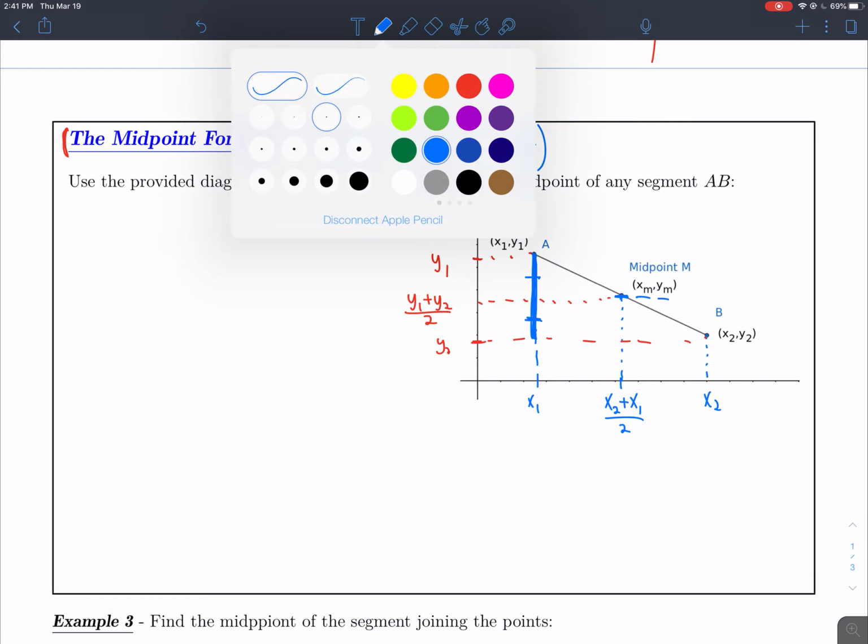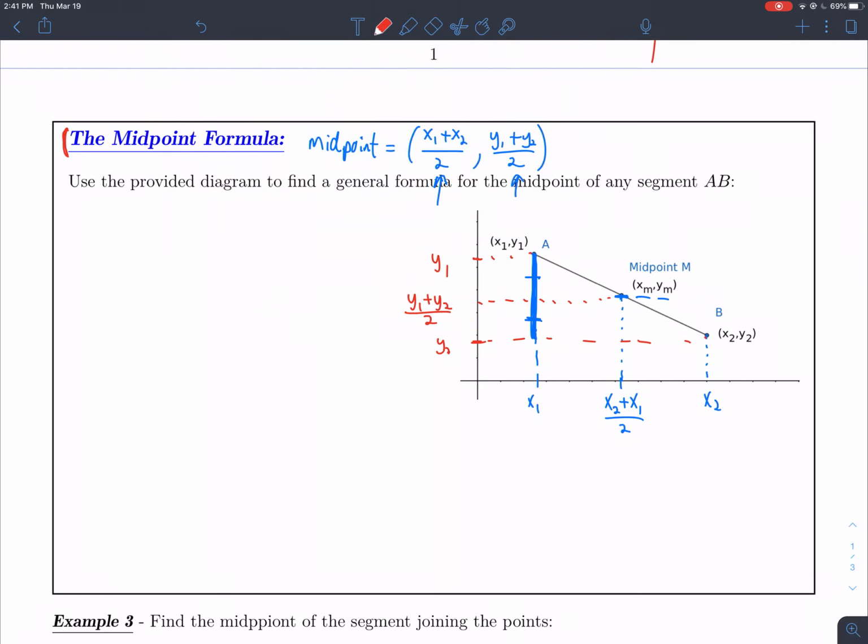And likewise, if this point is the middle of this segment right here, then this and this are the same.